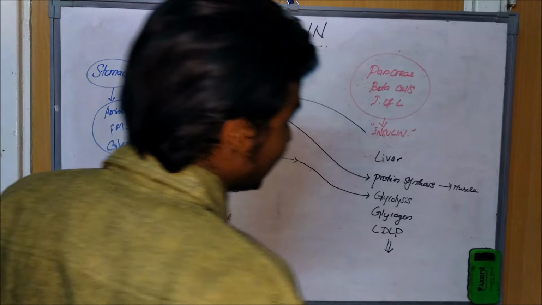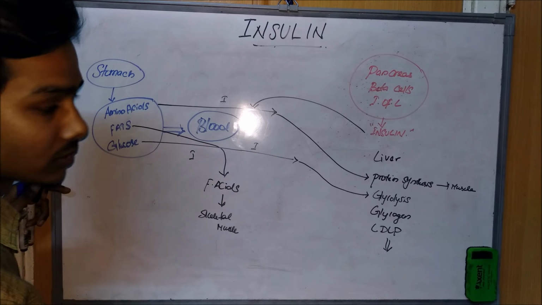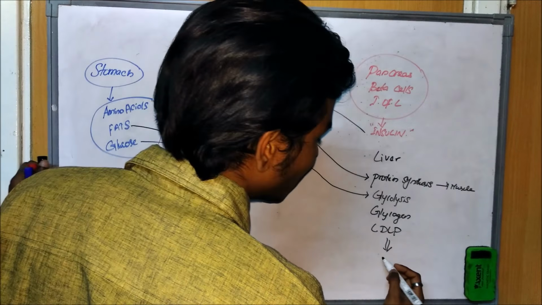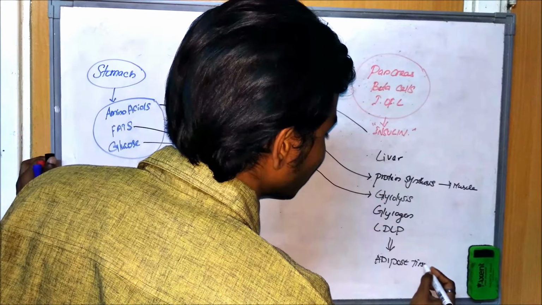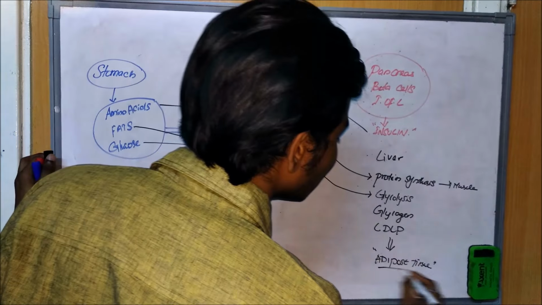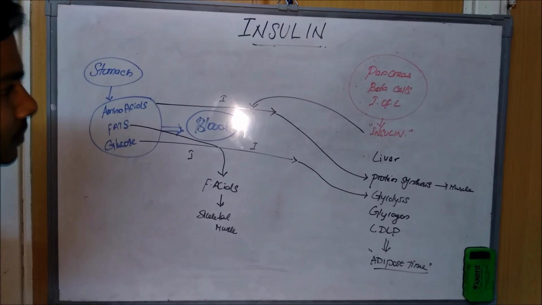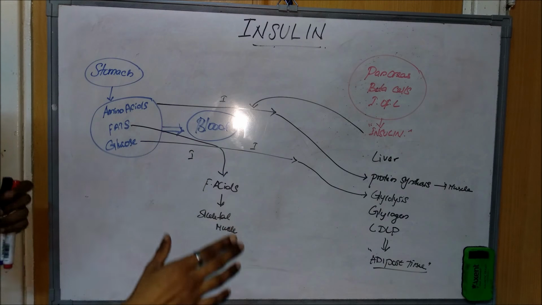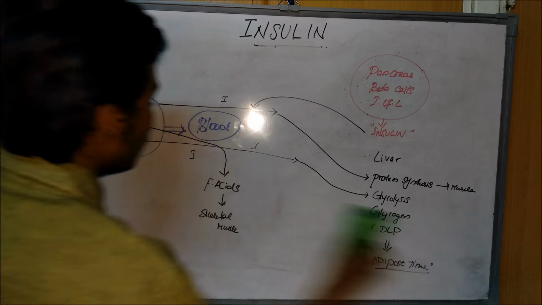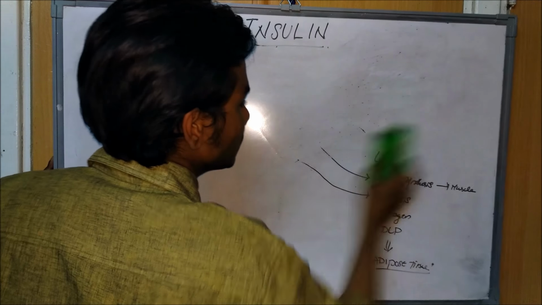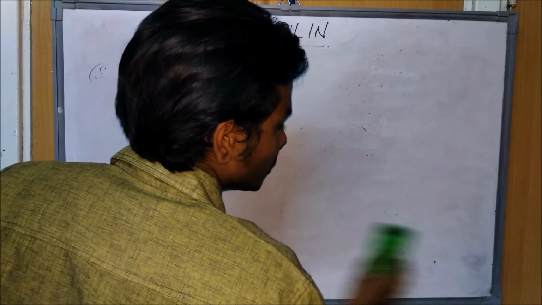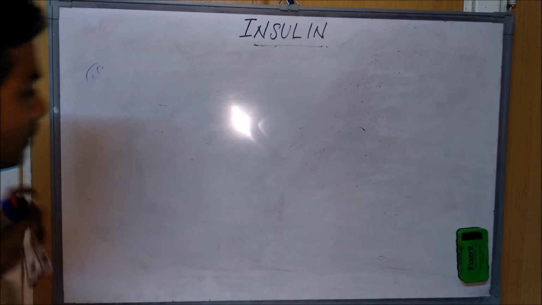By the metabolism we get products, which are stored in adipose tissue, and some are used in other metabolisms. So this is overall about insulin. Now we'll see the structure. How will insulin look?